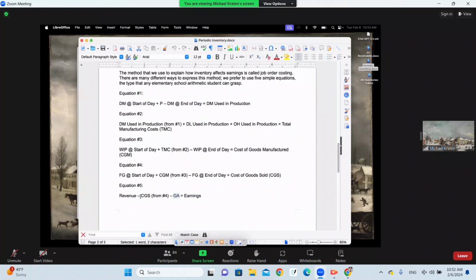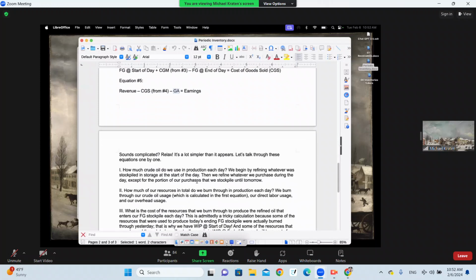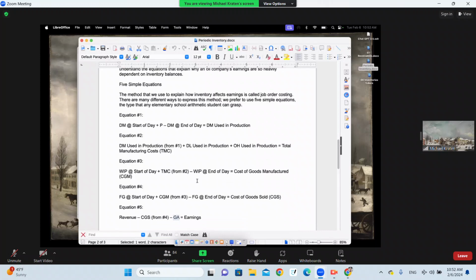Okay. Why do we need the first 4 equations though? Why don't we just list costs of producing product expenses, administrative expenses, and just have a simple income statement? It's for the following reason.